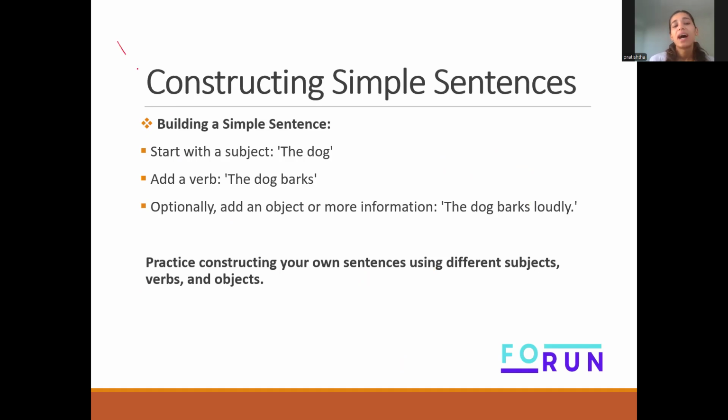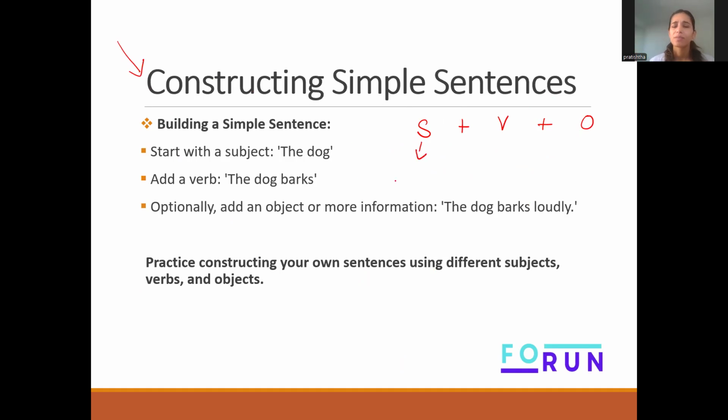Now we will look at how to construct simple sentences. Again, if you remember, all these kinds of sentences are pretty basic. You have to use a subject, you have to use a verb, and that verb is happening on which object. Take any random subject. I'm just thinking of any subject, right?